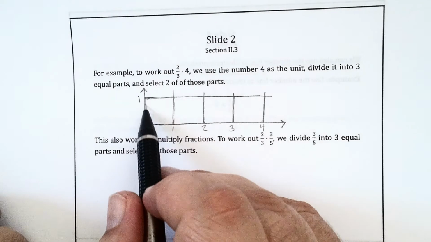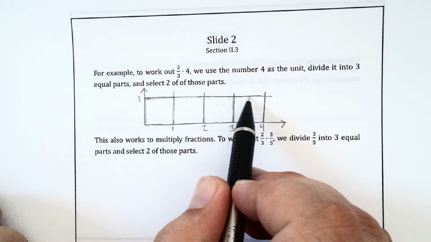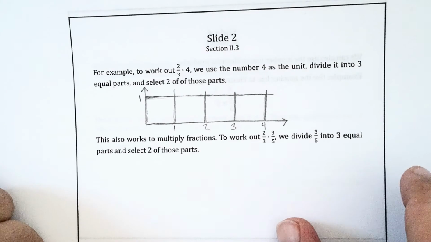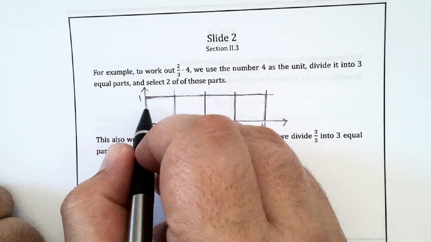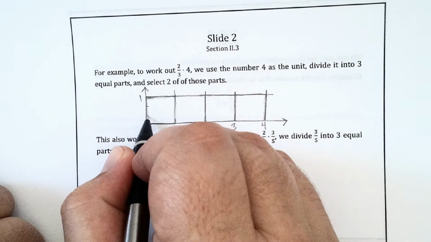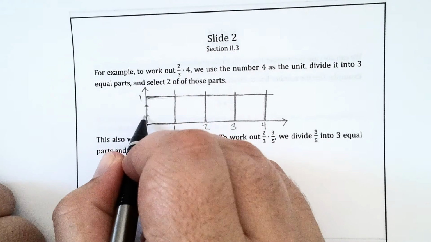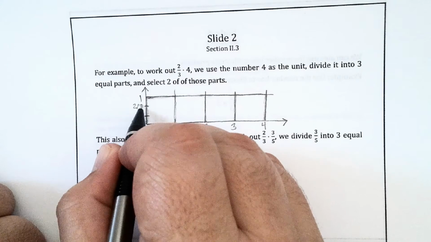Right now I'm going to think about this as just one piece. And I'm going to divide it into 3 equal parts and take 2 of those parts. So the easiest way to do that would be to divide it vertically like this, where this mark right here would be 2/3.